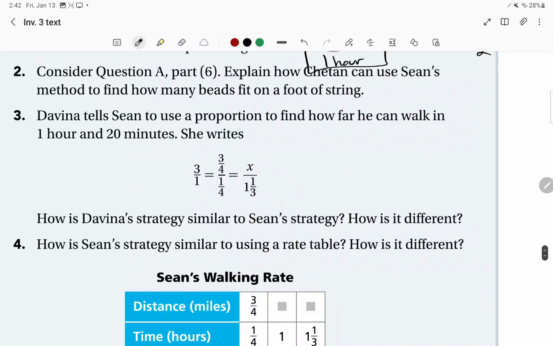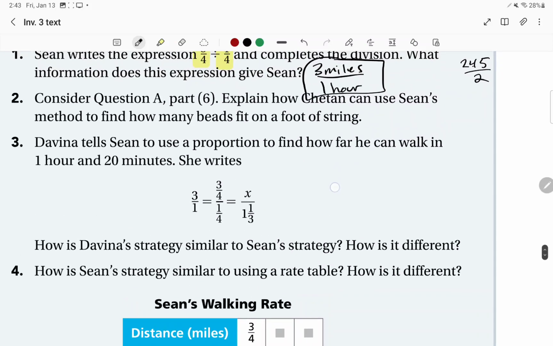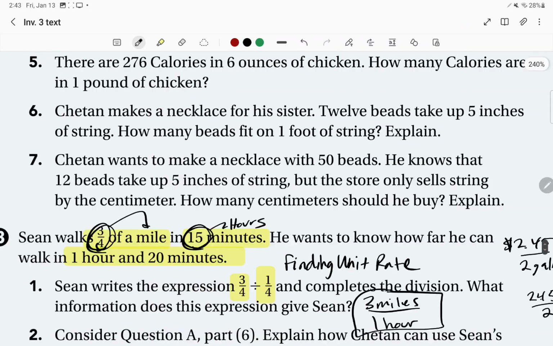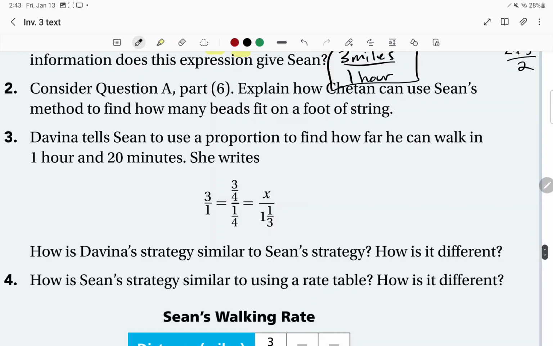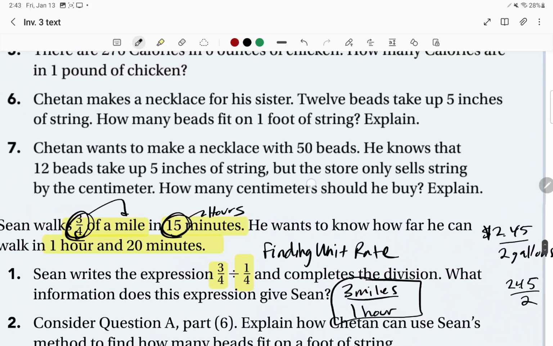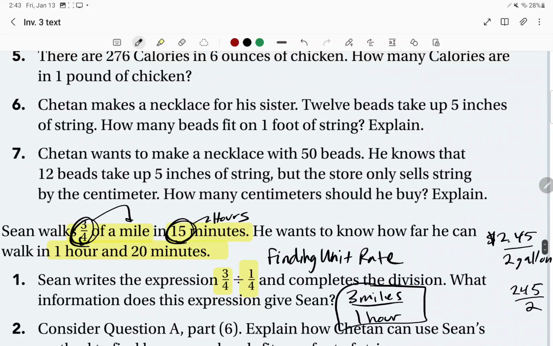Number 2, consider question A, part 6. That would be this one. And it says, explain how Shaitan can use Sean's method to find how many beads fit on a single foot of string. So again, you'll be doing the same thing.